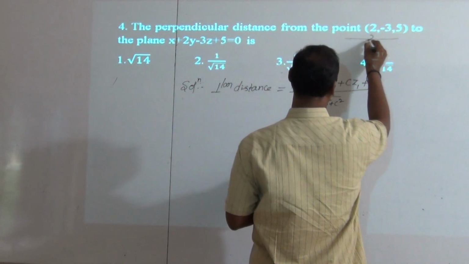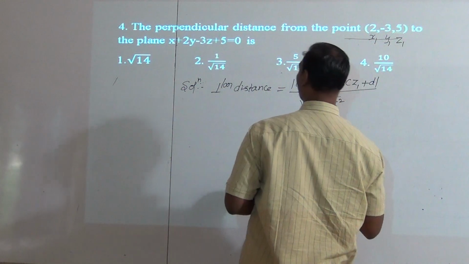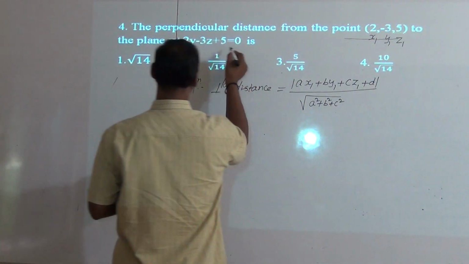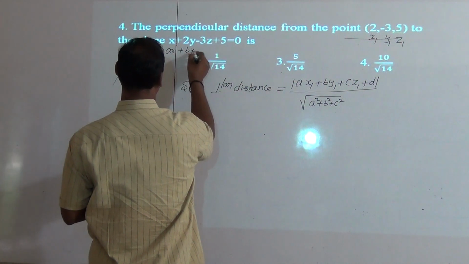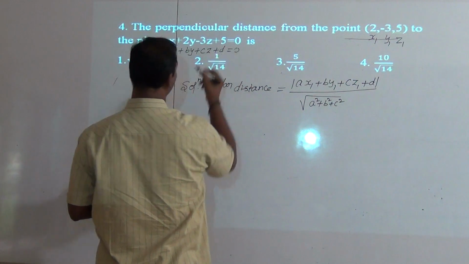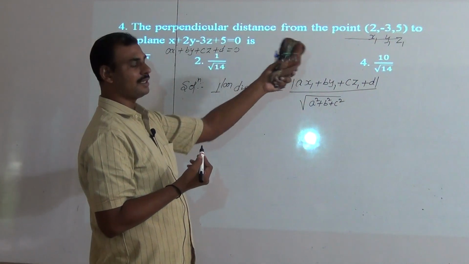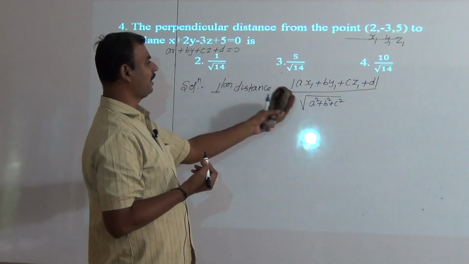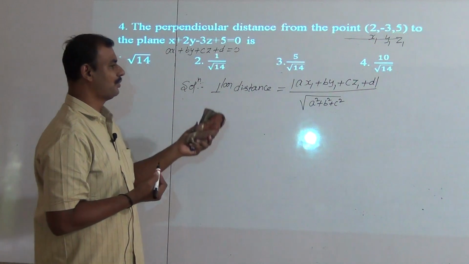The point we have to denote like this, x1, y1, z1. The plane is always ax plus by plus cz plus d is equal to 0. Plane given, point given, we have to find the perpendicular distance. Very clear? Substitute the values.